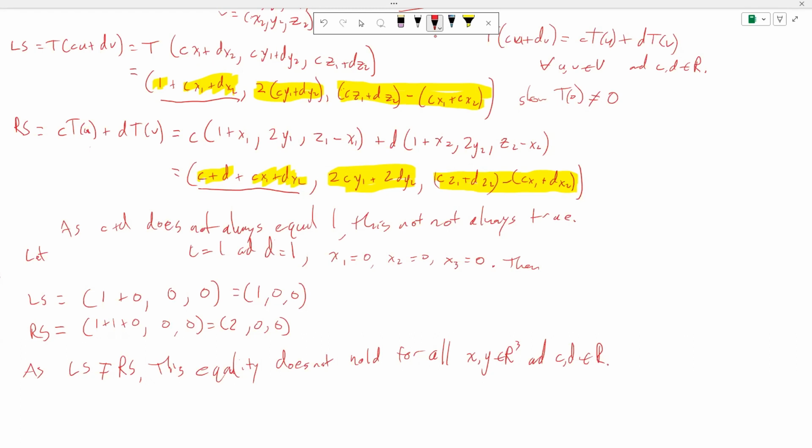Because I could show the left-hand side doesn't equal the right-hand side for this specific example, it is not a linear transformation.